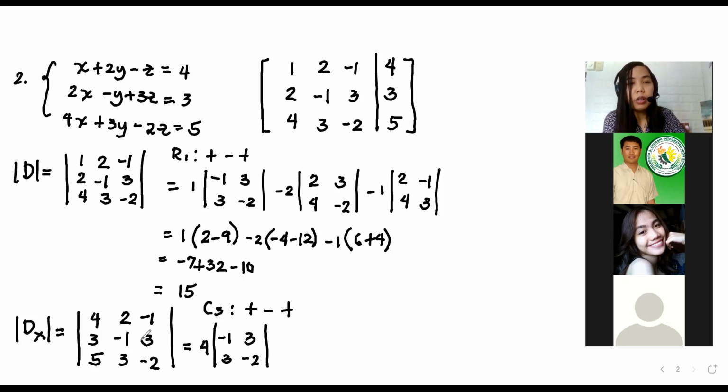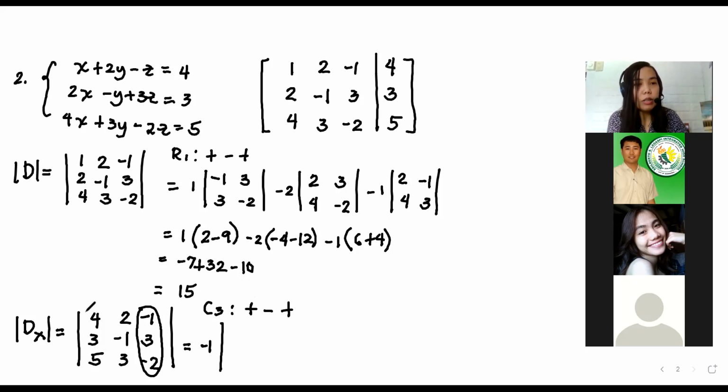Negative times 3. Ay, sorry, not 4. Why 4? I just wrote column 3 pala, class. So we'll have negative 1. I used row 1. Okay, so negative 1, delete what is below and to the left. So we'll have 3, negative 1, 5, 3.